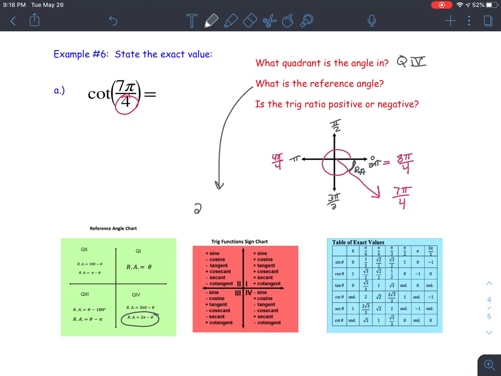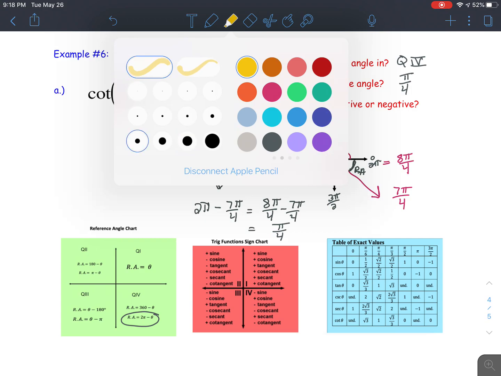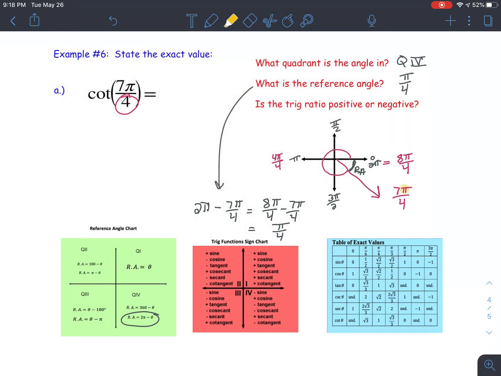So that's going to be 2 pi minus 7 pi over 4, which is really 8 pi over 4 minus 7 pi over 4, which is just going to give me a reference angle of pi over 4. So you can always just take pi and the 4.